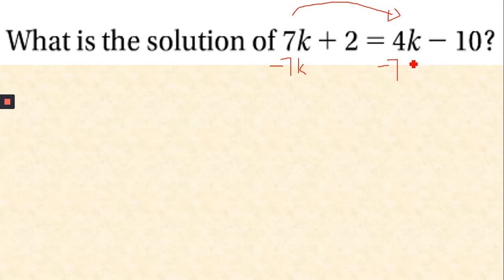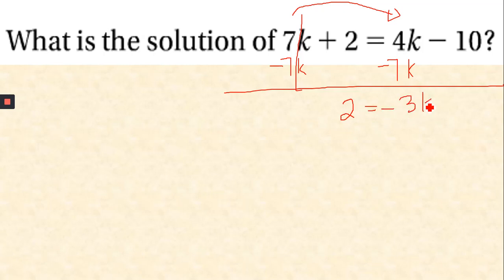Negative 7k. Okay? So 7 minus 7, that will be 0. Bring down 2. So you now have here 4 plus negative 7, that is negative 3k.